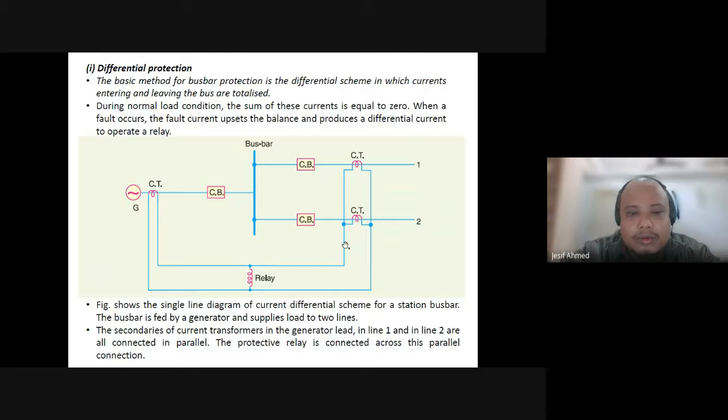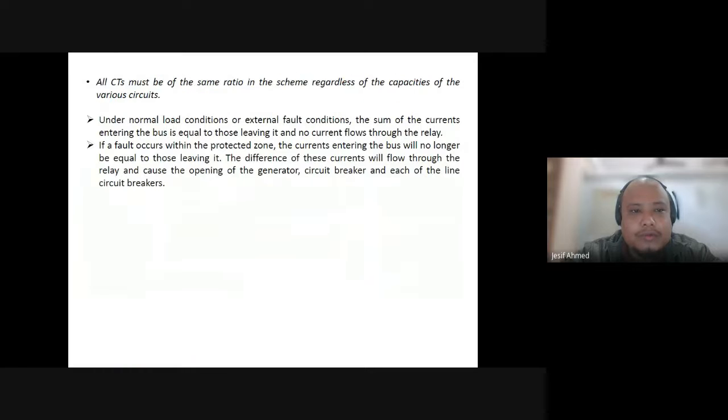They will not be balanced anymore, right? Because different currents are flowing via these pilot wires under fault condition in the busbar section, there will be some spill current or differential current flowing to the relay operating coil. If that current is greater than or equal to the pickup value of this relay, the relay will operate. Okay, that is the differential protection.